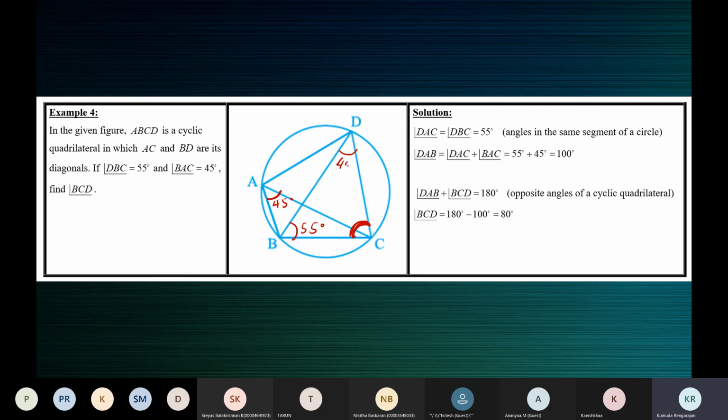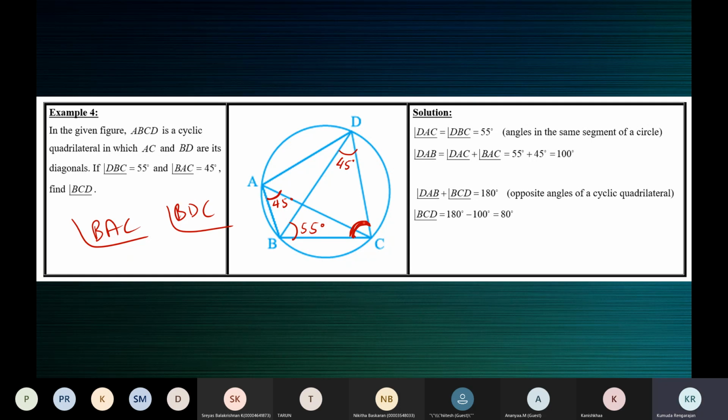So angle BAC is equal to angle BDC because they are subtended by the same arc BC at the points A and D on the circumference.